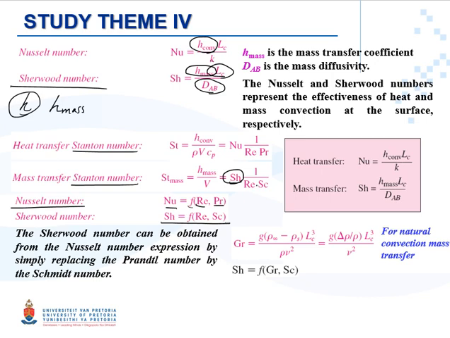Now the question is, are these functions the same, yes or no, and what does it mean if we say that those functions are the same. It means that Sherwood number can be obtained from Nusselt number correlations by just replacing the Prandtl number by Schmidt number.